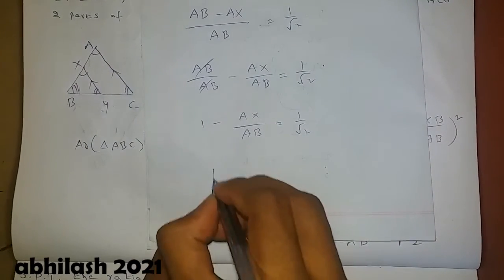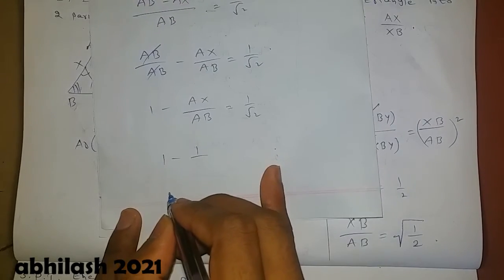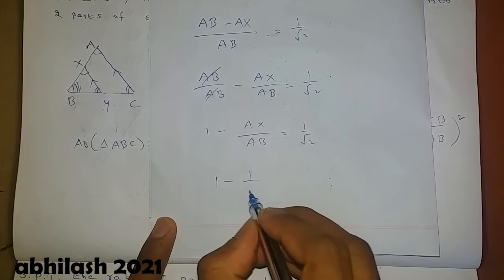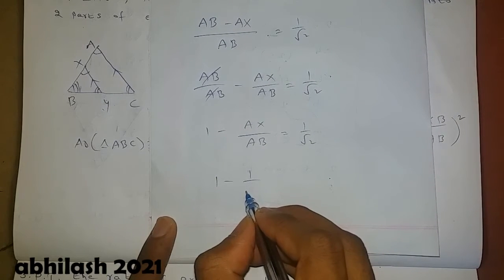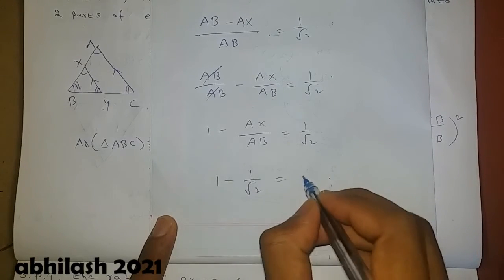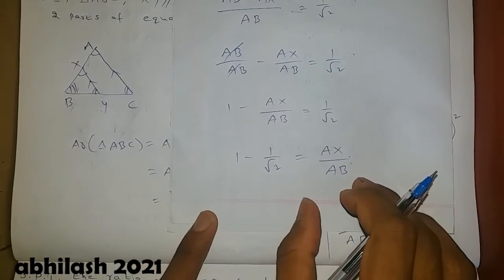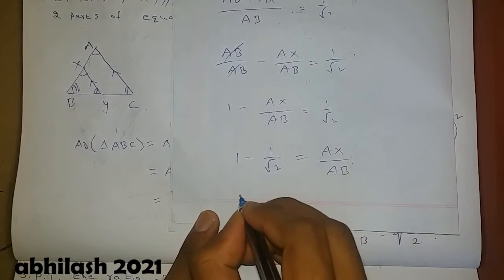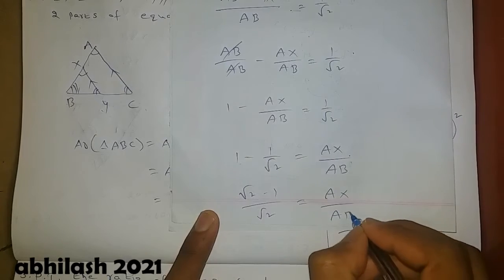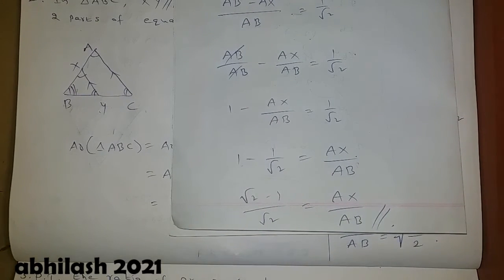So we will get 1 minus 1 by root 2 is equals to AX by AB. Root 2 minus 1 divided by root 2 is equals to AX by AB. So the value is root 2 minus 1 by root 2.